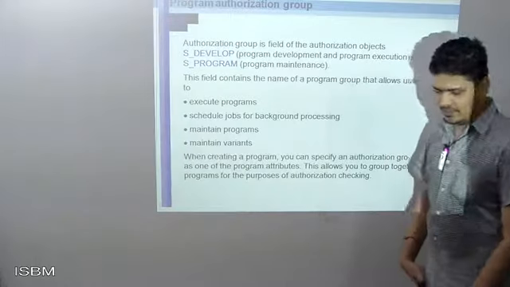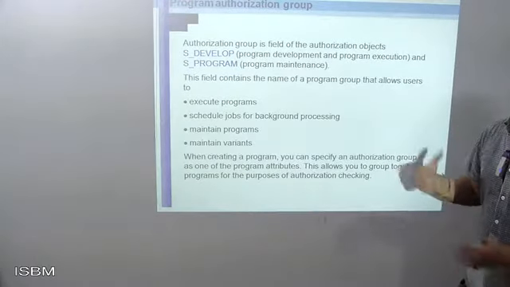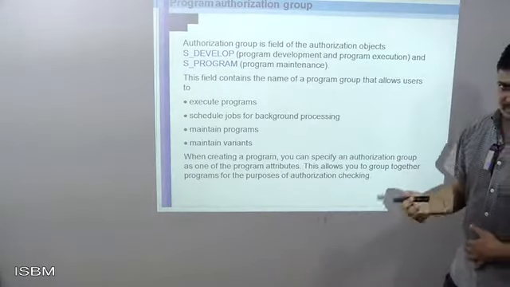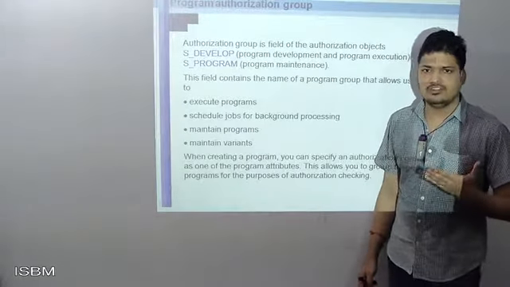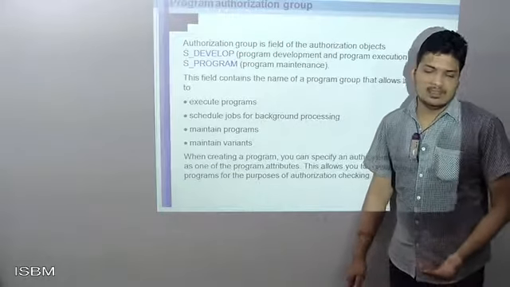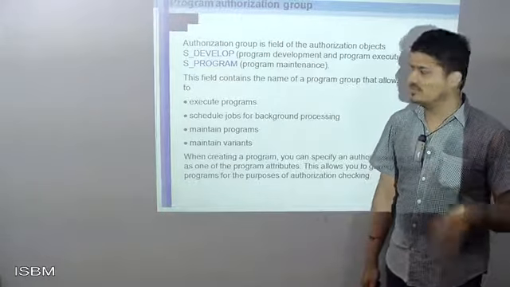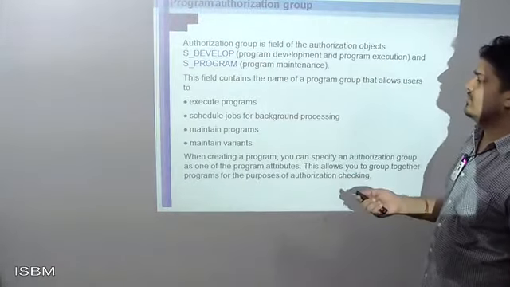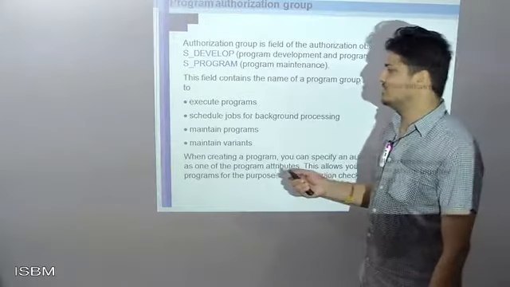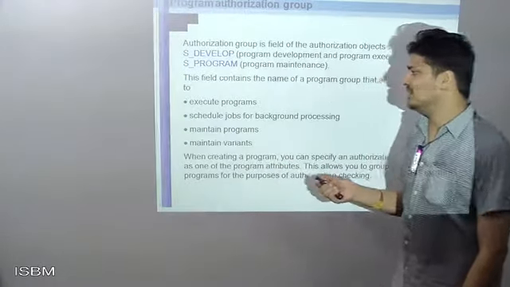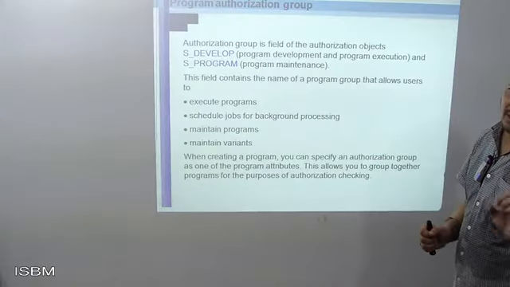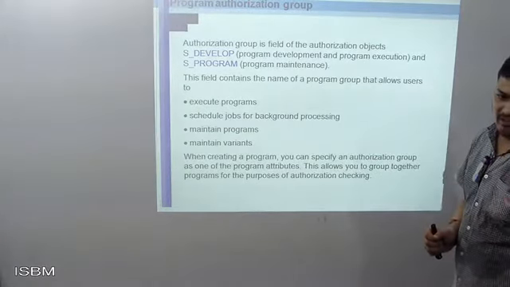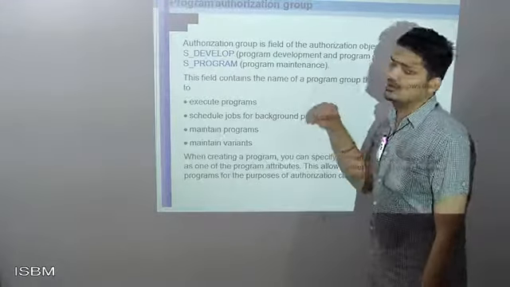Sometimes in production, a live system, there is a lot of data, millions of records. So it takes time to run the job in direct mode, I mean executable mode. So what we can do is take the same program and, with the function key F9, go directly to background processing.